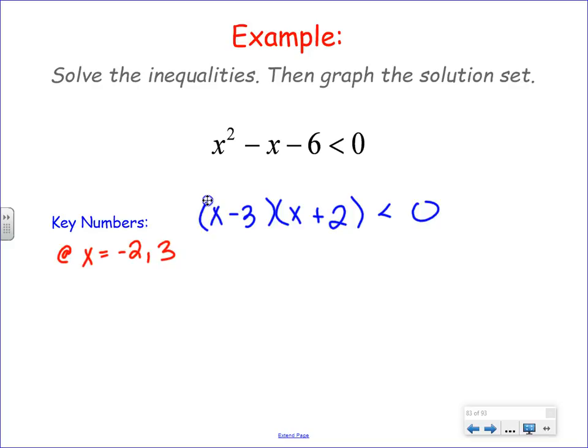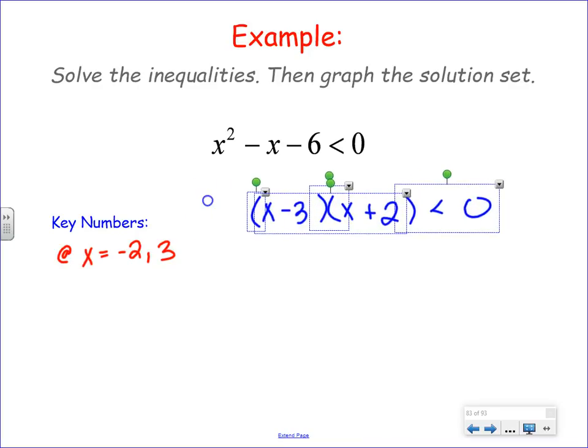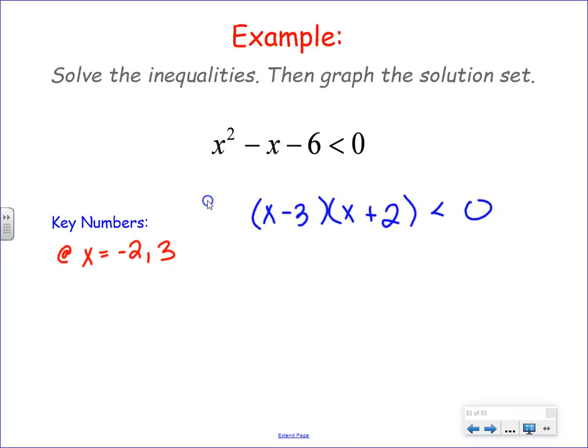So our key numbers are found by factoring, and then setting each factor equal to 0. We take those key numbers and we mark them in a number line. We have our negative 2, and we have our 3.